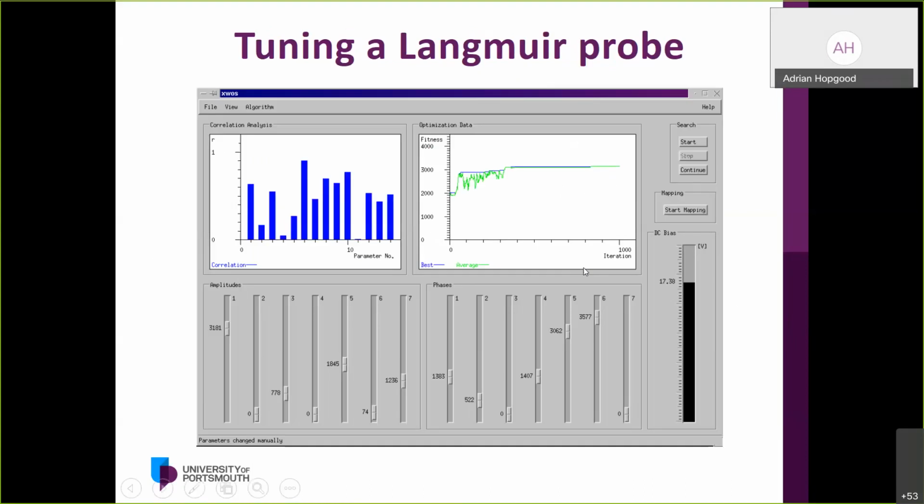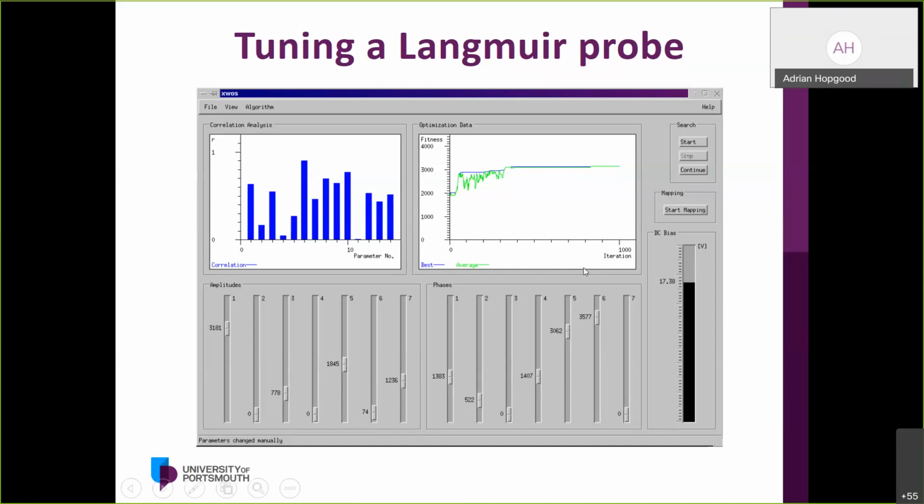Let's turn to some practical examples. A little later on in this talk, I will talk about a specialist application of AI for controlling a manufacturing process. One part of that is tuning this device called a Langmuir probe. It doesn't really matter what it does, but in case you're curious, it measures electron energy in the plasma.